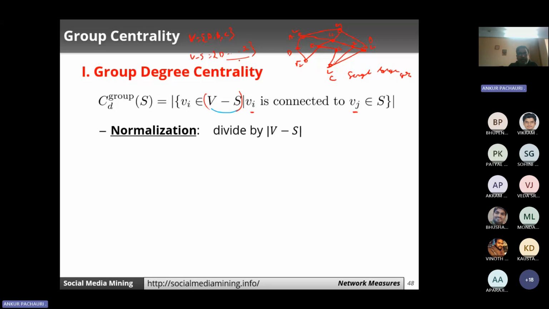So Vi may be one node from this, and Vj is one node from S, and I'm trying to find out the measure between i and j, where Vj belongs to the super set that we have.